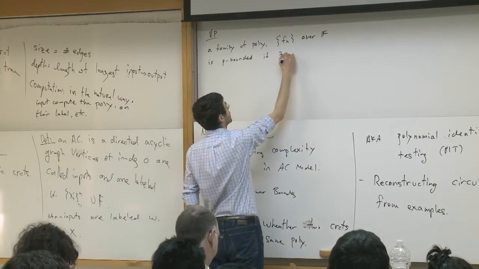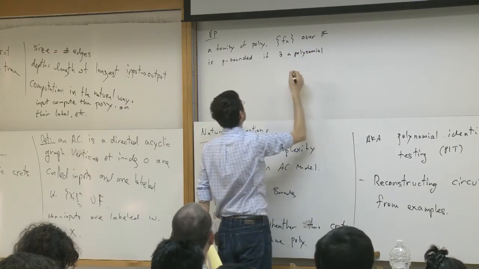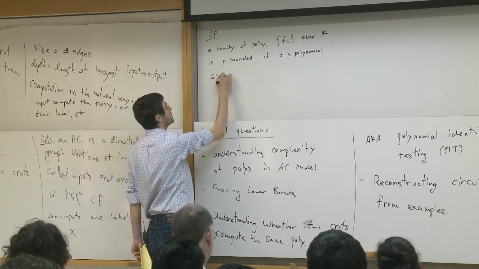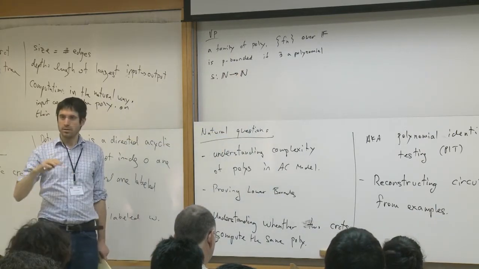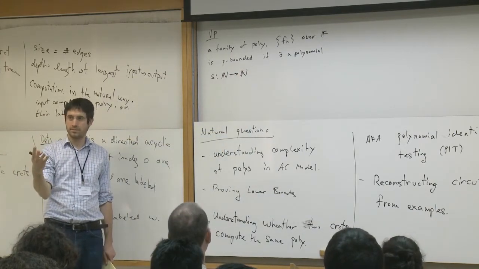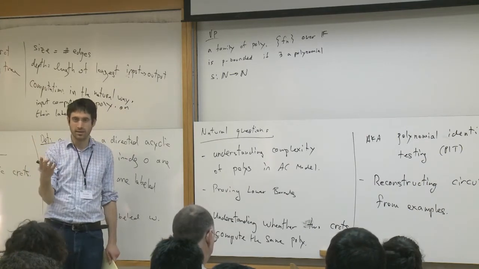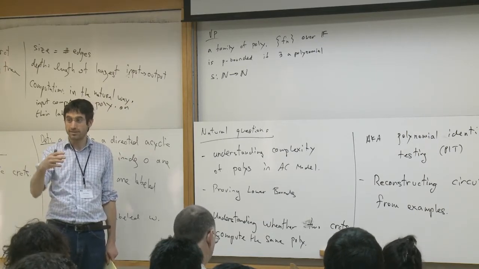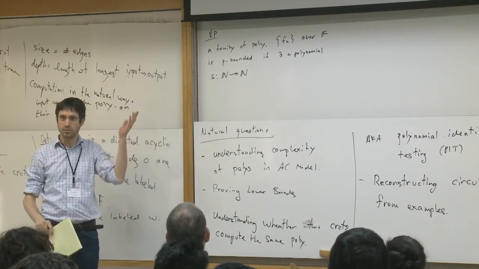A family is P-bounded if there exists a polynomial, which is like a size measure, let's say S. When I say the family is P-bounded, I mean that the nth polynomial has polynomially many variables in n, its degree is polynomial in n, and its circuit complexity is polynomial in n. So I just take one polynomial to represent all those things.